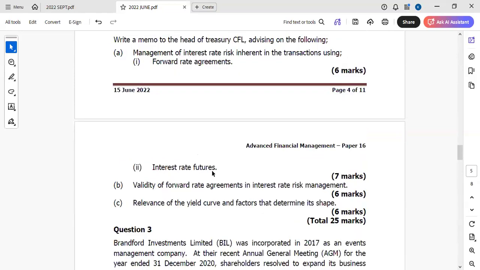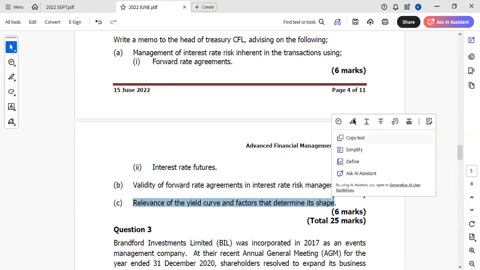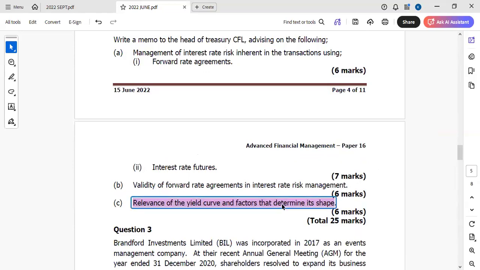Are you seeing these marks? Relevance of yield curve and factors that determine its shape. You have 6 marks there. Yeah, we are seeing the question, and I'm also on December 2022.